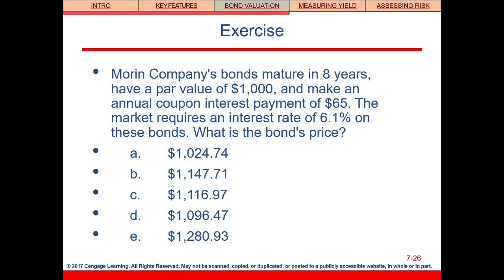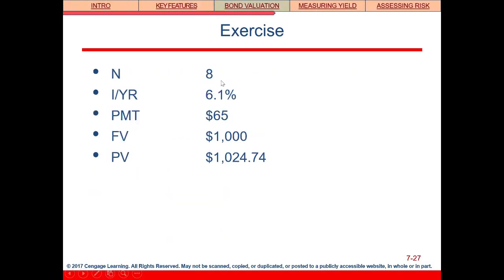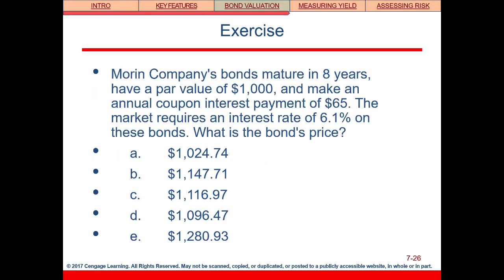Therefore, we just need to put in all this information. N equal to 8, interest rate equal to 6.1, PMT is 65, FV is $1,000. Then you can calculate the PV. That's $1,024.74. So the correct answer should be A. Yeah, this is bond valuation.